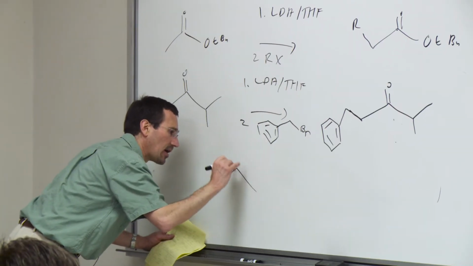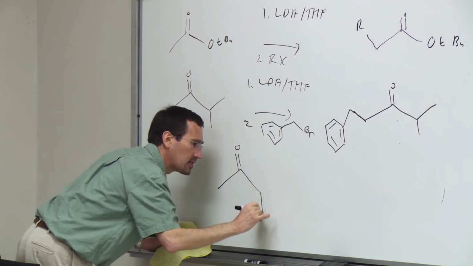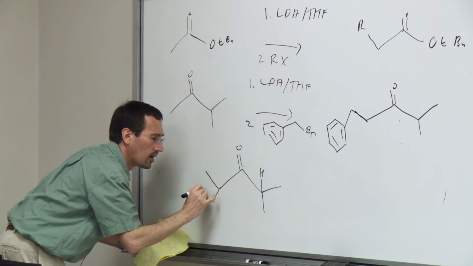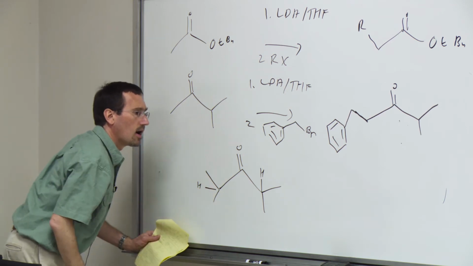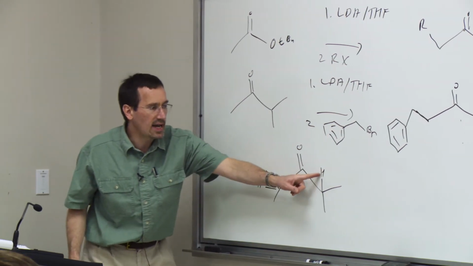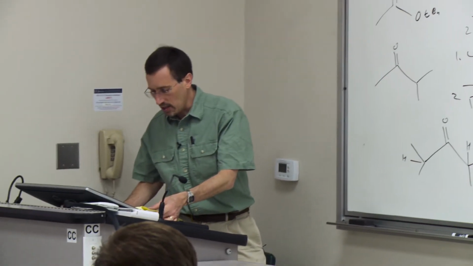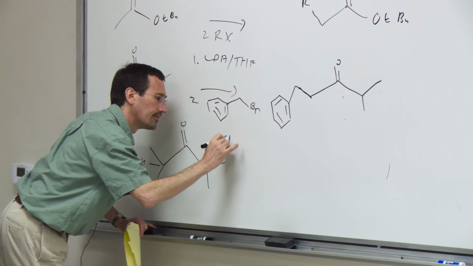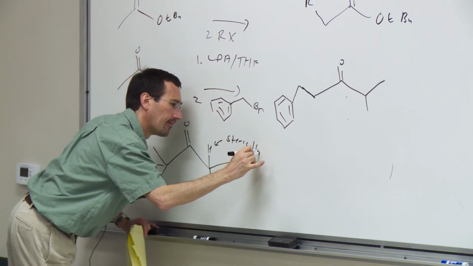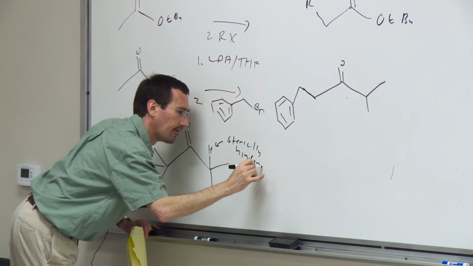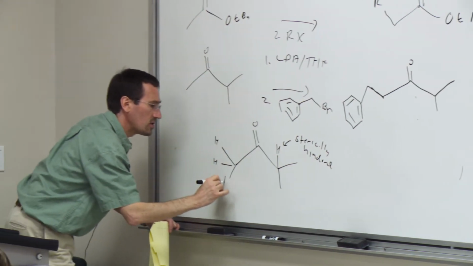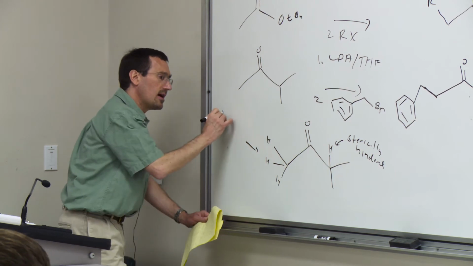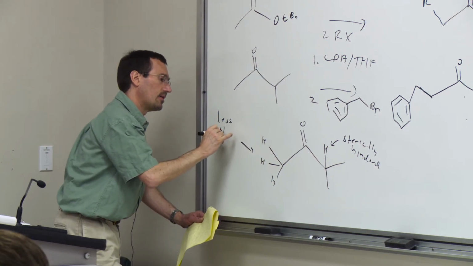What's happening here is our LDA has a choice. On the one hand, you've got a sterically hindered hydrogen. On the other hand, you've got a hydrogen, 3 of them, but it doesn't really matter that it's 3, that's less sterically hindered.